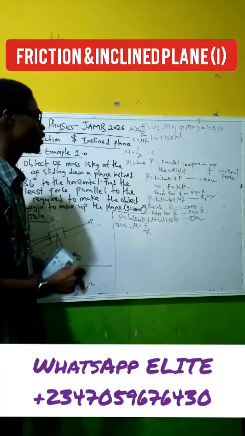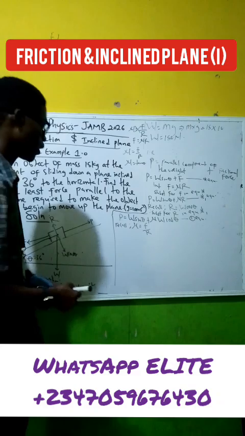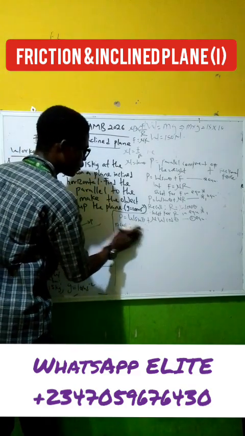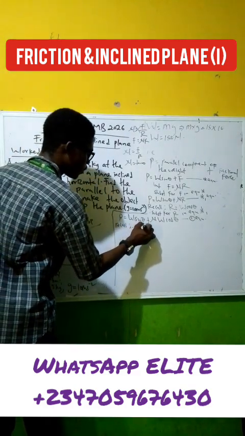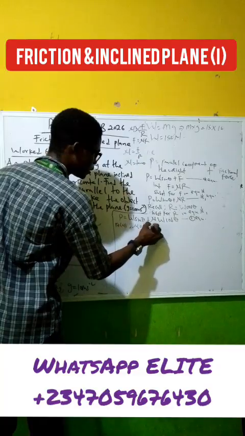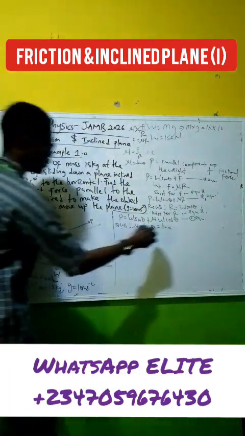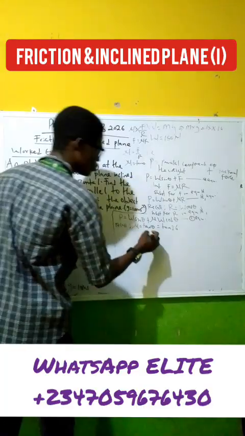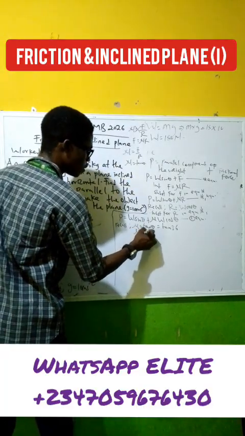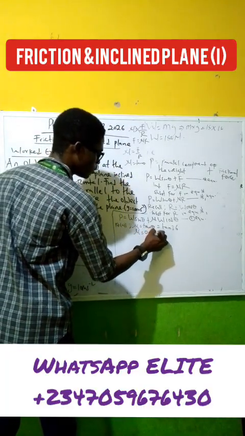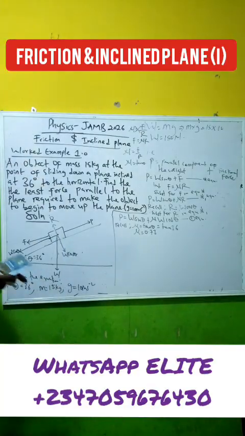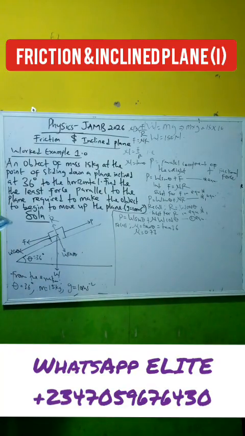If this one isn't working out, the other one is going to work out. So we are using tan theta, which is tan 36, and this gives 0.73.